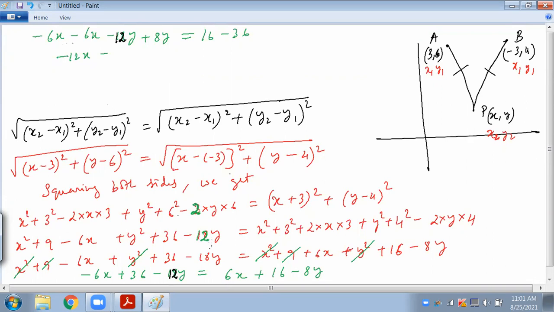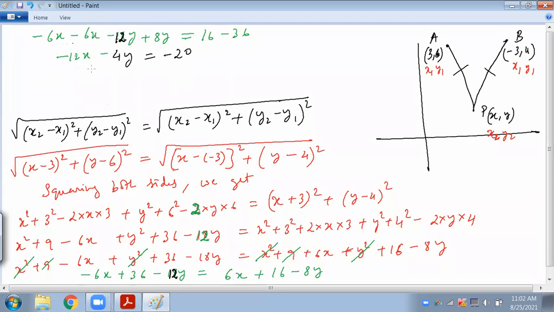Just make the correction. So it will be how much? Minus 12 plus 8 will be minus 4y. And it will be minus 20.